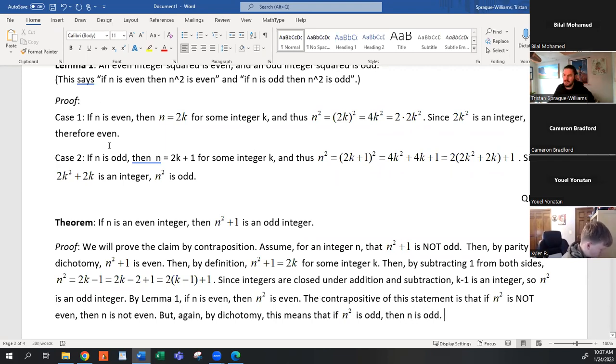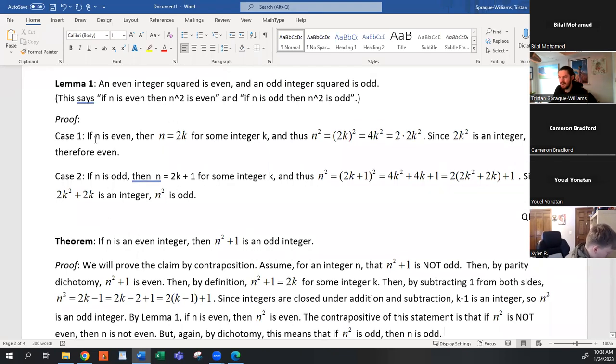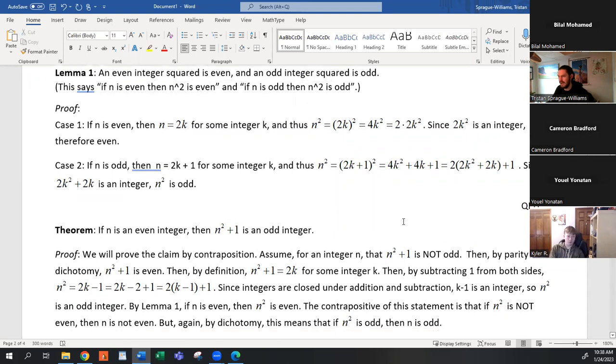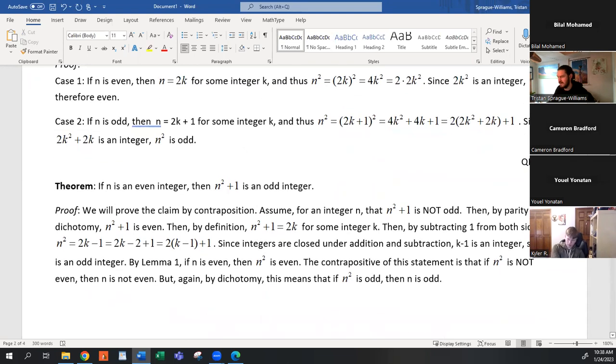So what I actually proved in the lemma is that an even number squared is even. We wanted the converse of that, which is sort of the contrapositive of this. And so we can get that. I just had to do an extra step.